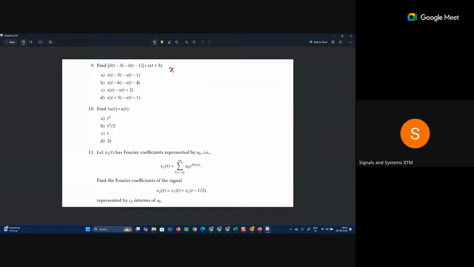So we'll be getting x of t plus 3 convolved with delta of t minus 3, minus x of t plus 3 convolved with delta of t minus 1, right?